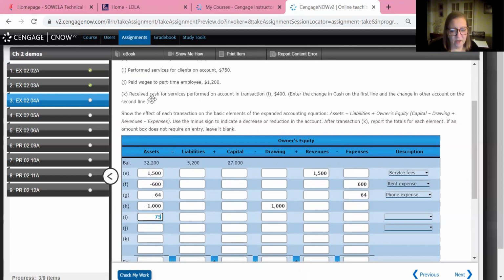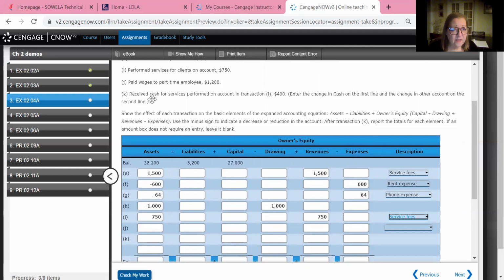So it's $750. And it's a revenue item. So it's going to increase revenue by $750. And we're going to call that service fees again because that's what it is. If it's a service company, they usually call it service revenue or service fees, or sometimes professional fees, professional fee revenue. I wish they would always put the word revenue on it.